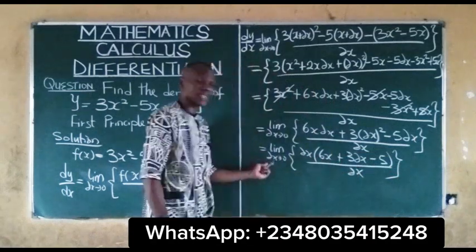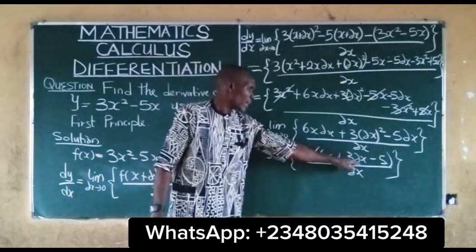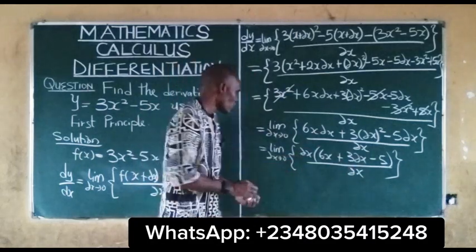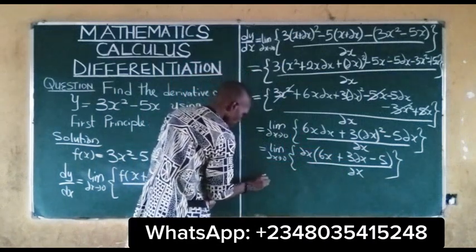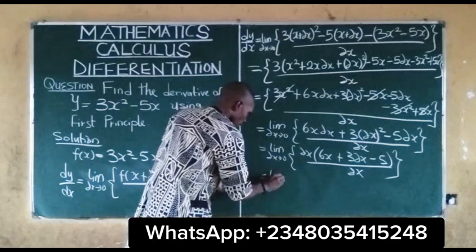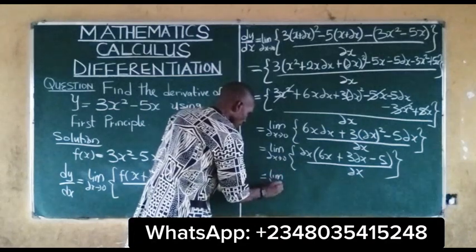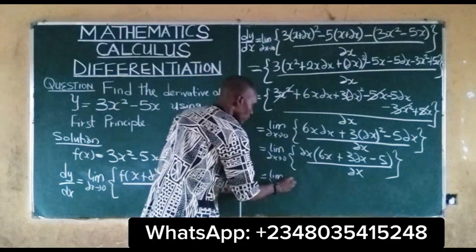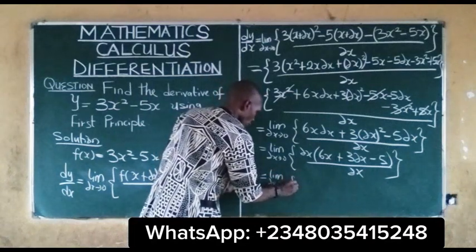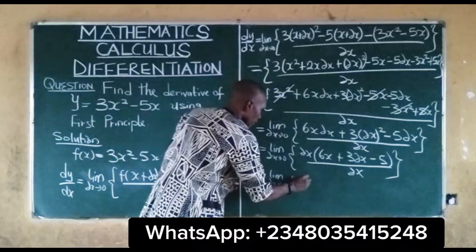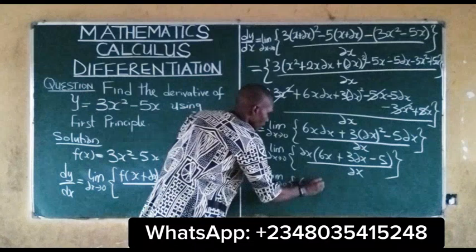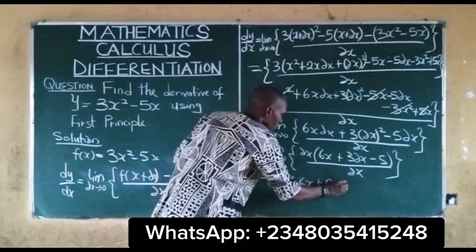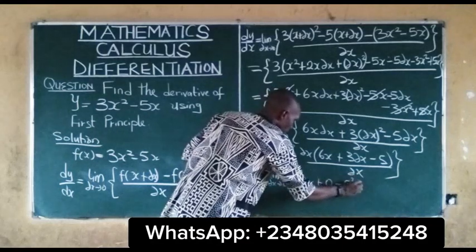As dx tends to 0, the dx here is also 0. So we have this to be equal to the limit as dx tends to 0 of 6x plus 0 minus 5.